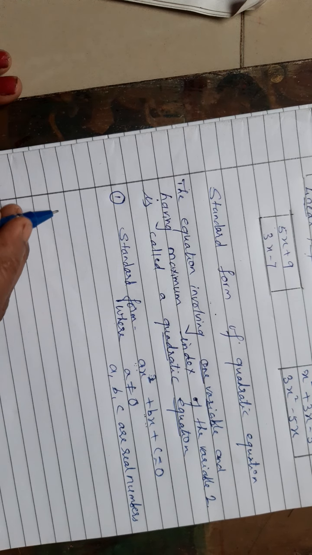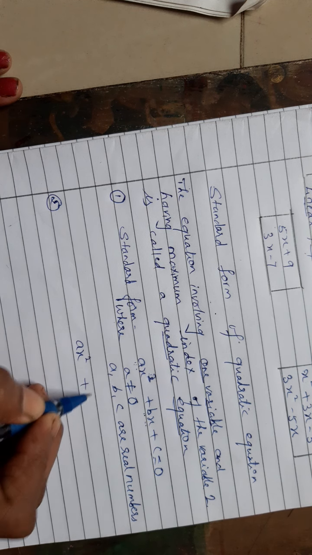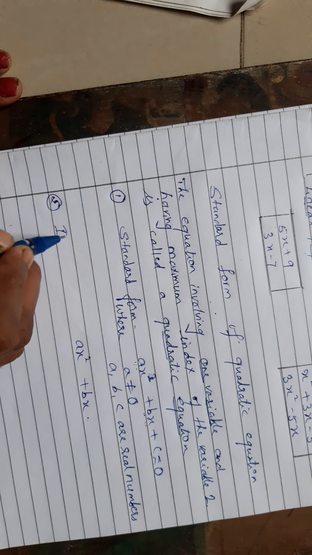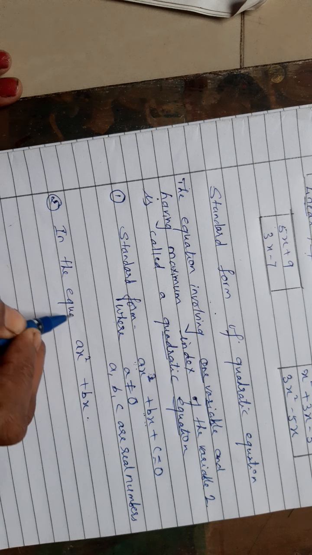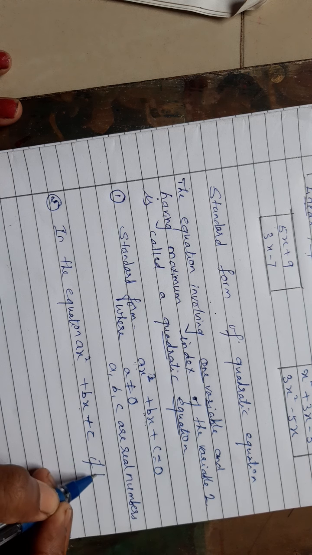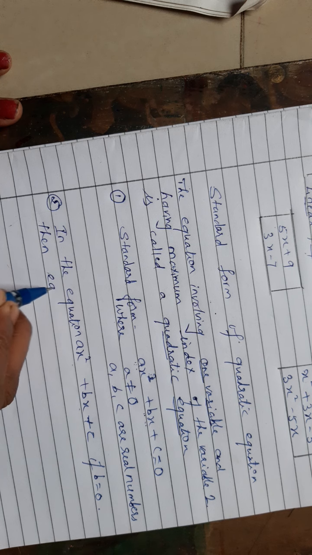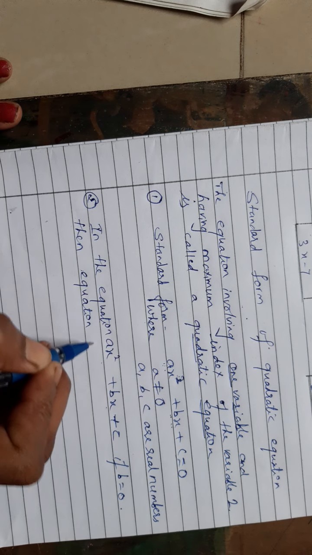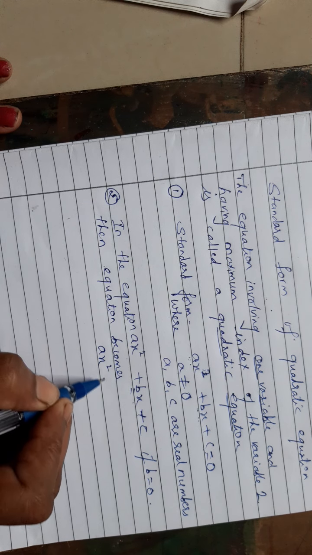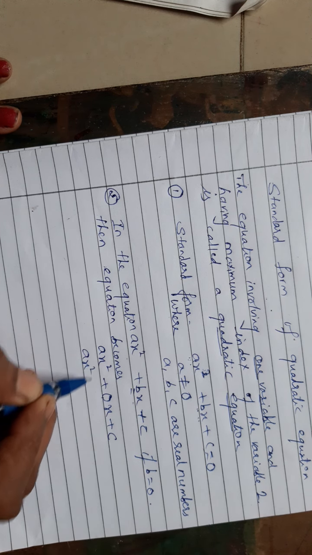Then the second form is ax square plus bx plus c. If b is equal to 0, then also it is a quadratic equation. See here, b is 0 means placing 0 in its place, it becomes ax square plus c.